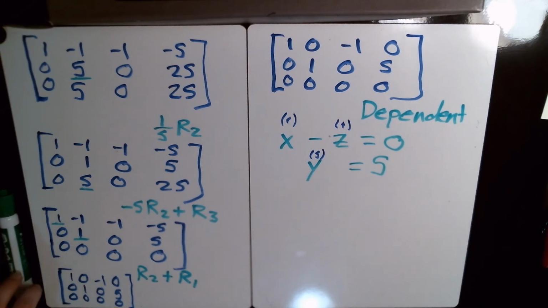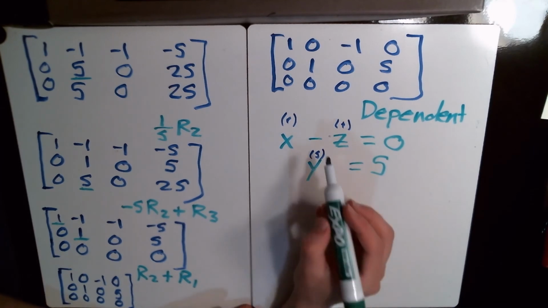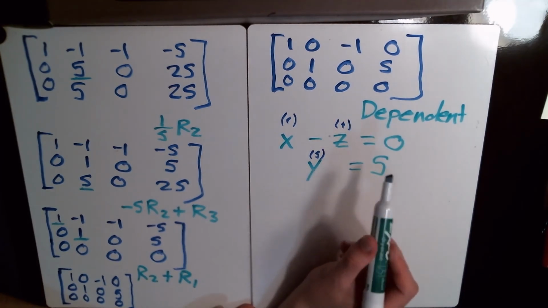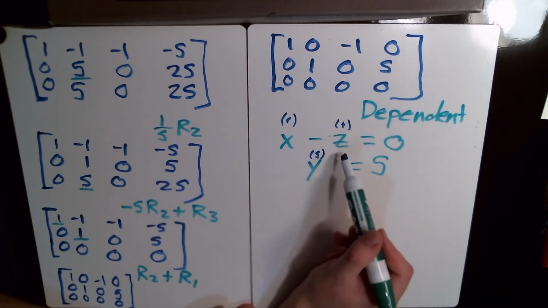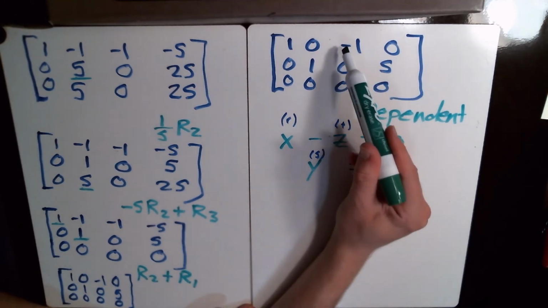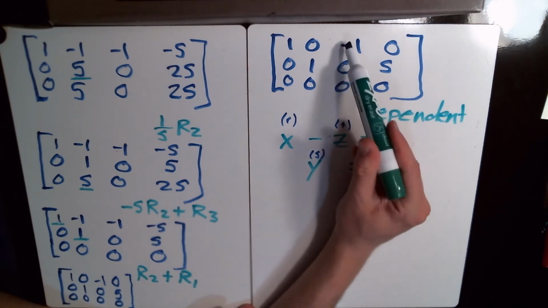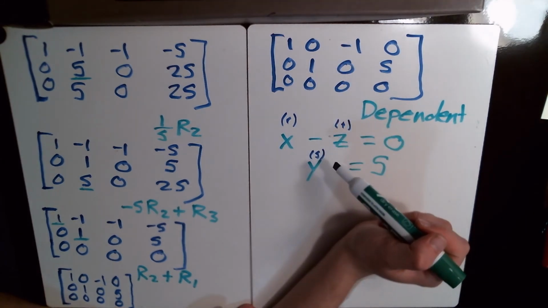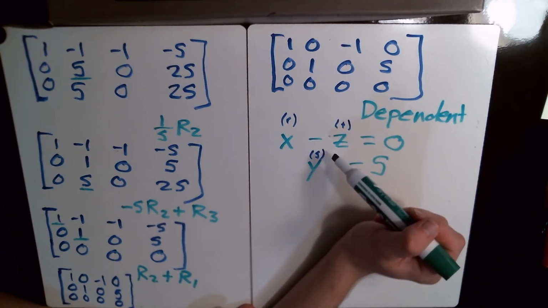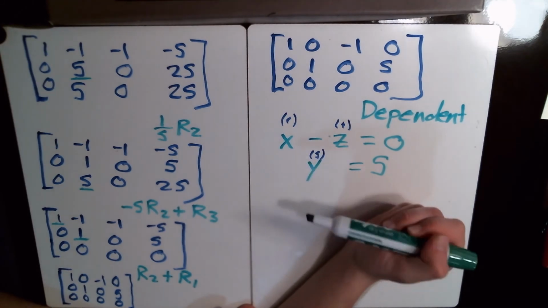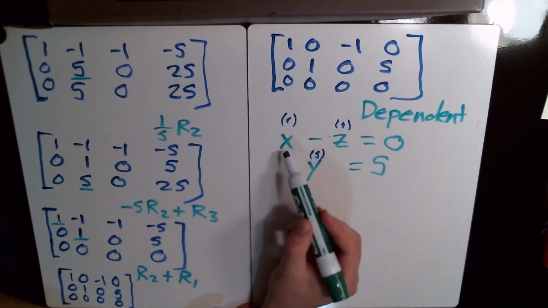So to get our final solution, what you do is you take the variable that didn't have a leading 1 in the column, so there's no leading 1 in the third column, so z, and you're going to solve for every variable in terms of z. So you're going to move the z's over to the other side.